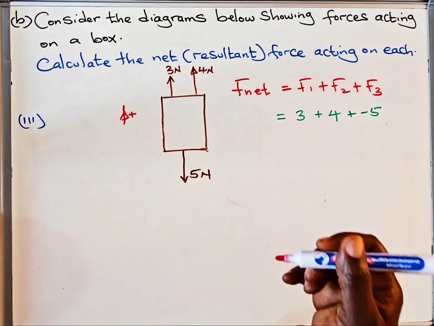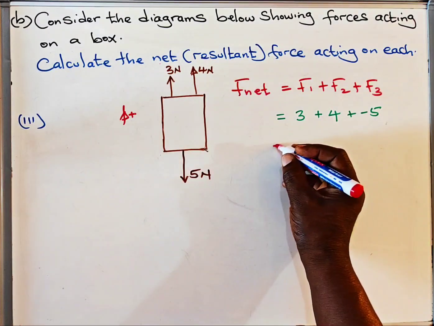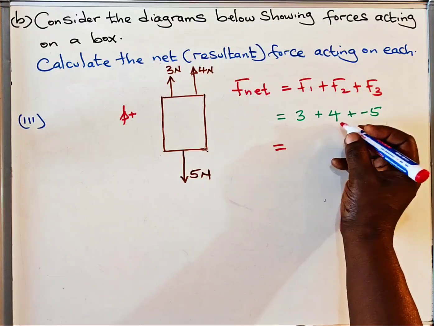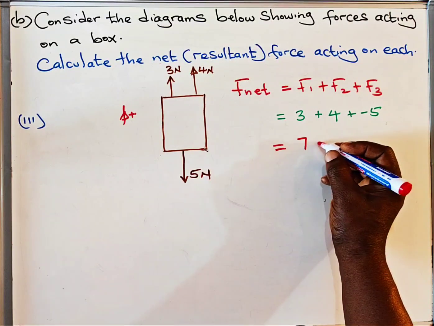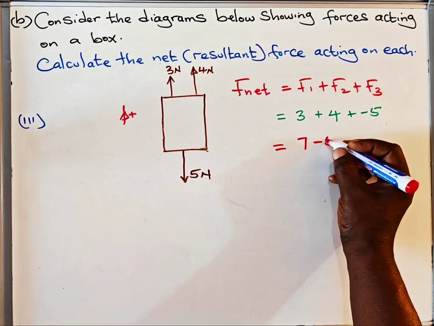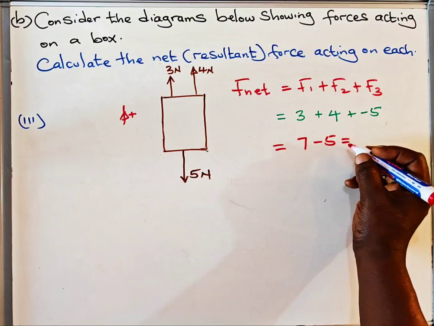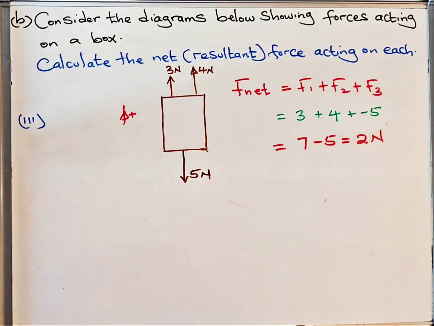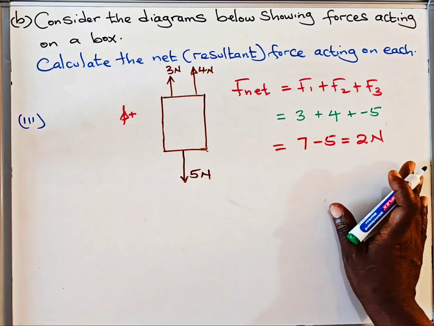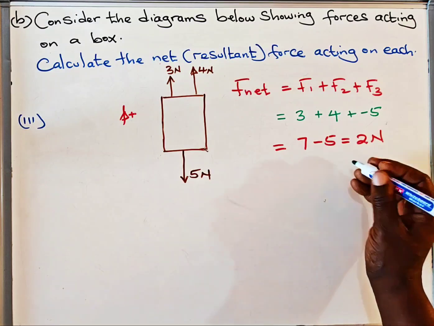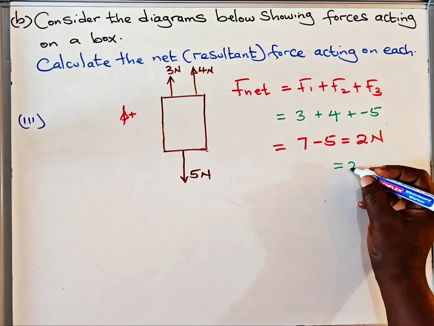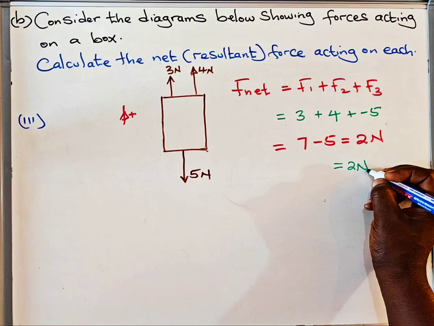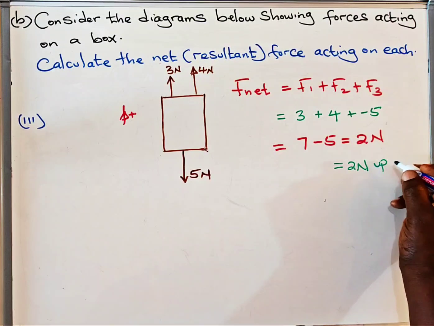From here, after simplification, we are going to have 7 minus 5, giving us 2 newtons. We need to know that positive implies upwards. So the answer is 2 newtons upwards.